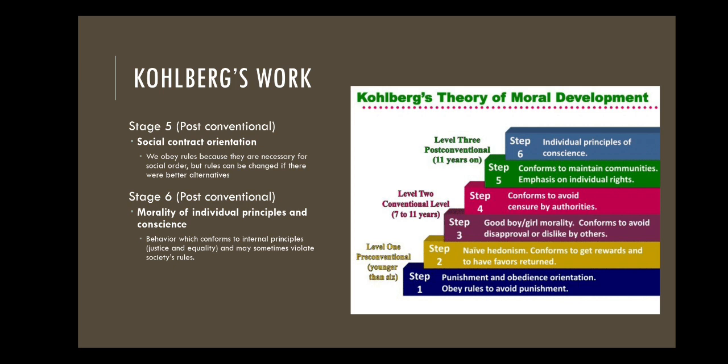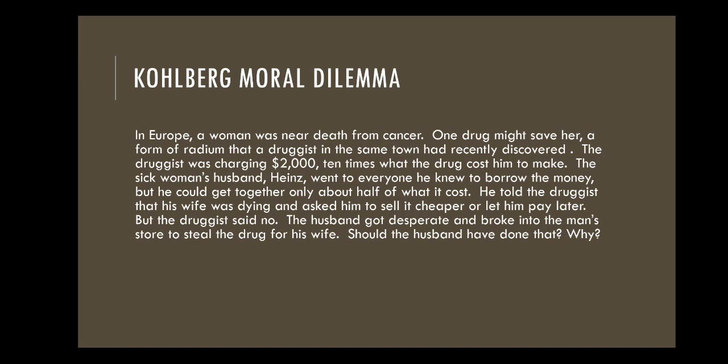Stage 5: conform to maintain community's welfare, with emphasis on individual rights and individual principles of conscience. So Kohlberg's theory explains that an adult should not make this decision. See, the husband broke into the man's store to steal the drug. So, according to Kohlberg, this is not supposed to happen.